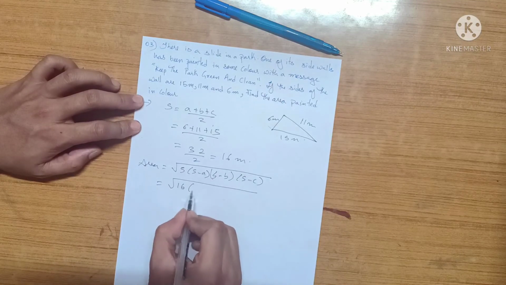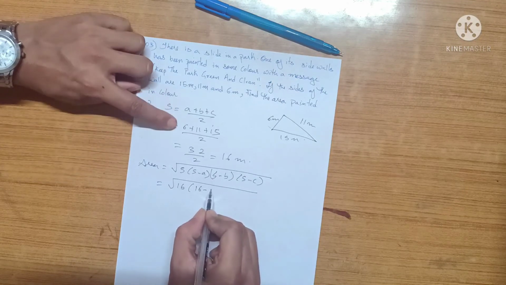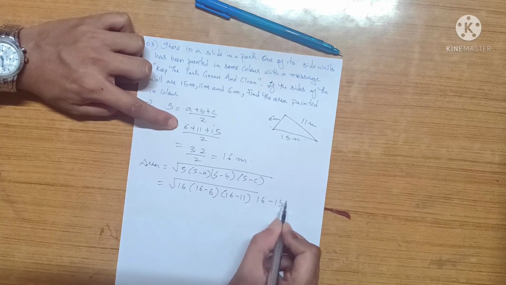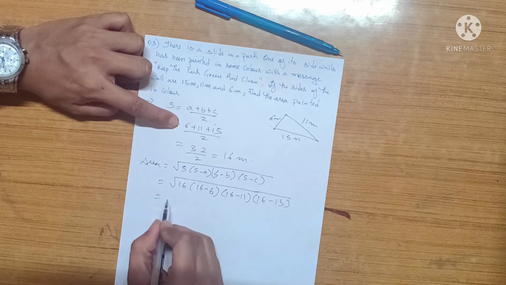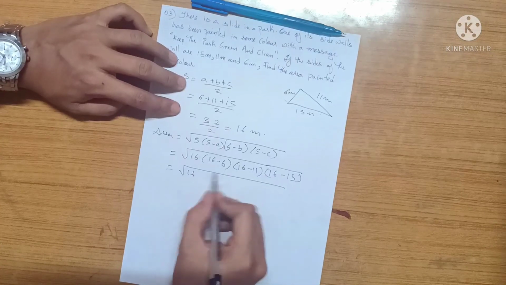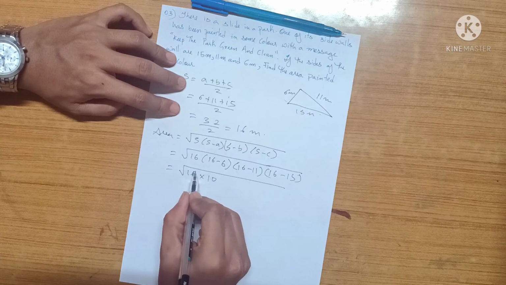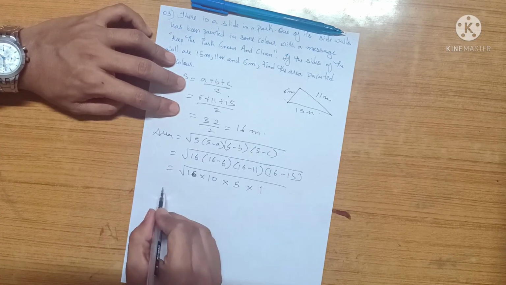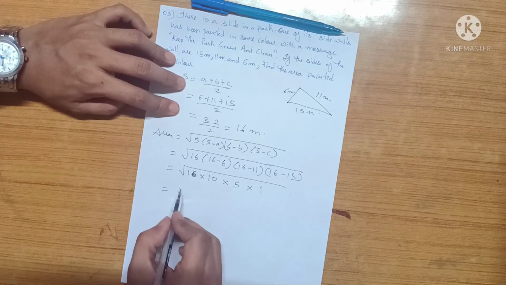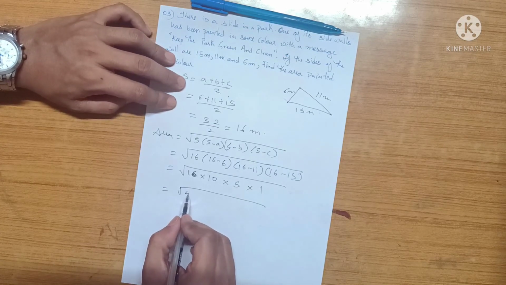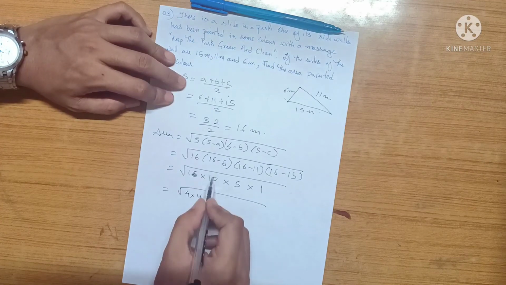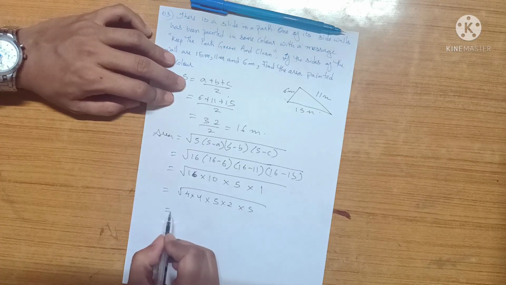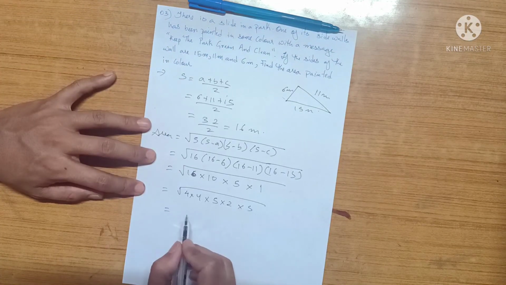Just apply the formula. 16 minus 6, 16 minus 11, 16 minus 15. So 16 is 16, 16 minus 6 is 10, 16 minus 11 is 5 and 1. Like I've already told you, 16 can be written as 4 square, so 4 into 4. 10 can be written as 5 into 2. I think we're getting roots. I hope the answer is right.